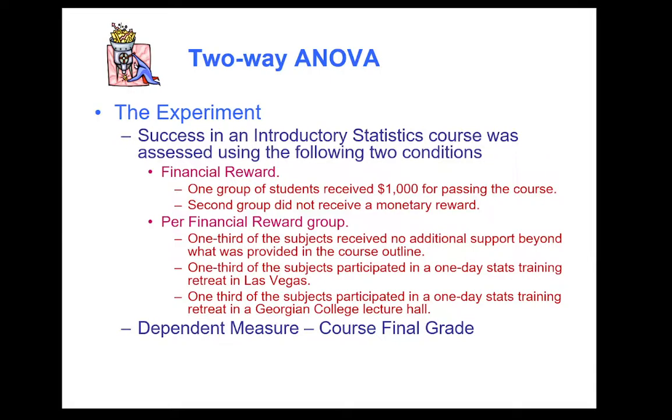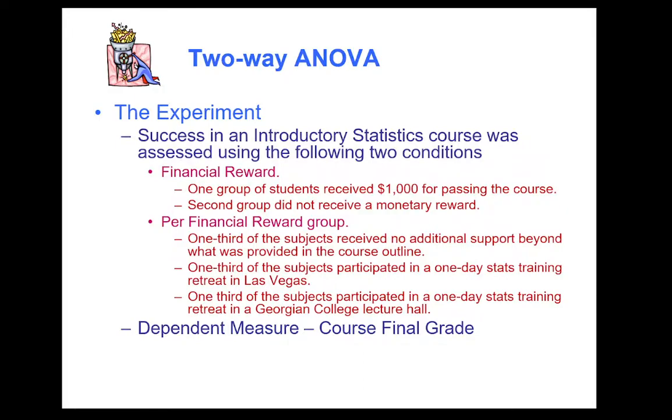And the final third participated in a one-day stats training retreat at Georgian College. We were not remote. You're coming into the lovely campus to spend 12 hours of intensive stats exam prep with me. And that's for the ones who receive the financial reward, the $1,000 bursary.